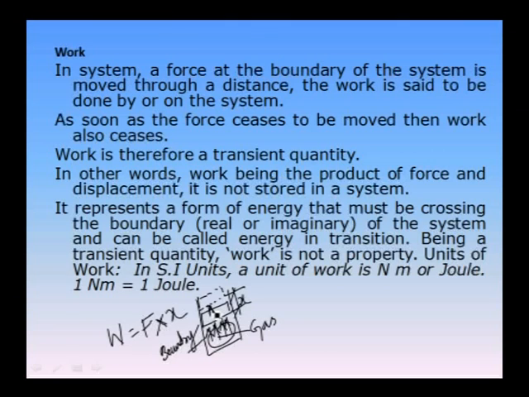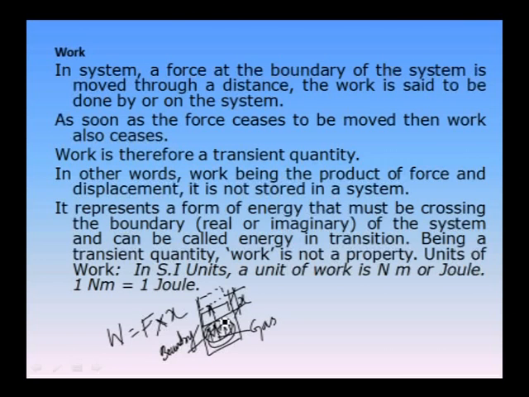As soon as the force ceases to move, work also ceases. When the force becomes 0, work becomes 0. Work is therefore a transient quantity. In other words, work being the product of force and displacement, it is not stored in a system. It represents a form of energy that must be crossing the boundary.